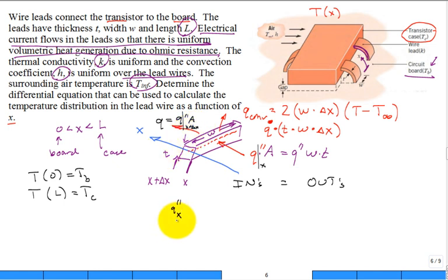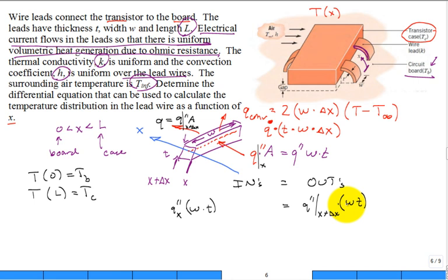Q double prime at X times W T, my area. That's an in. Over on the outs, I'll put Q double prime at X plus delta X times my area WT. Isn't that an out? That's why I put it on the other side.